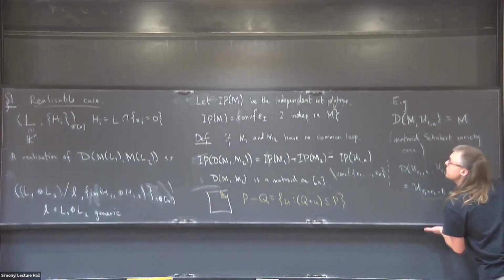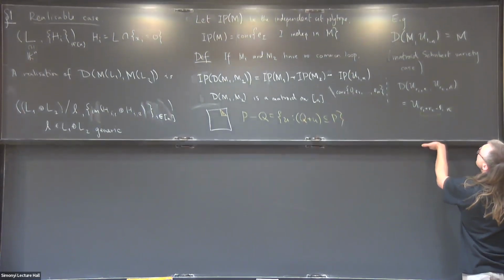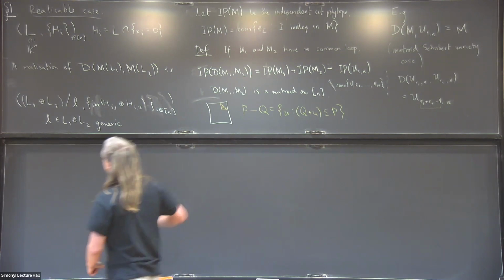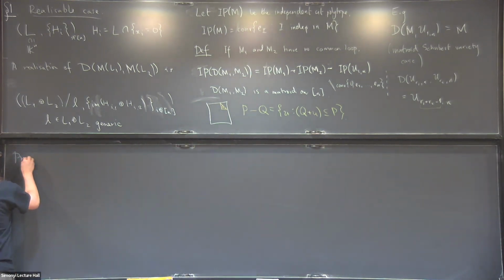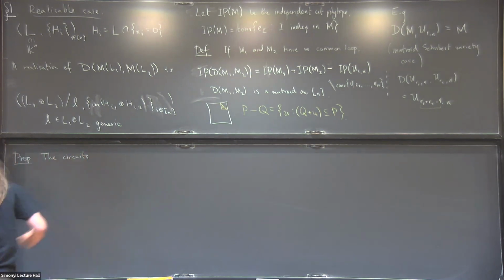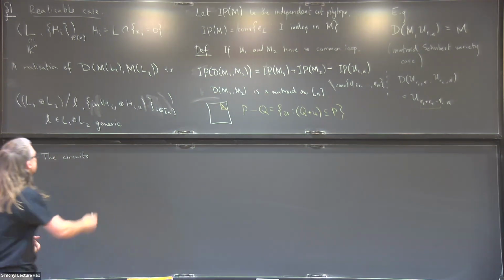And I want to say one other fact about this guy, which is its circuits. The circuits are going to relate directly to the equations of the y-hat variety from last time. That's why I want the circuits.